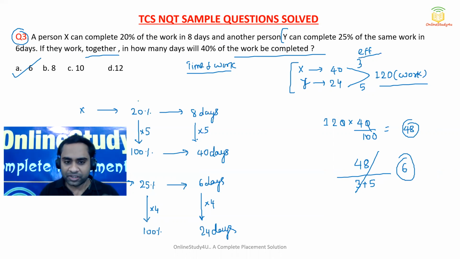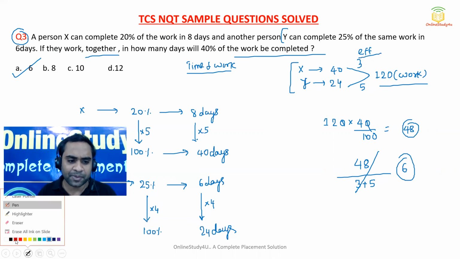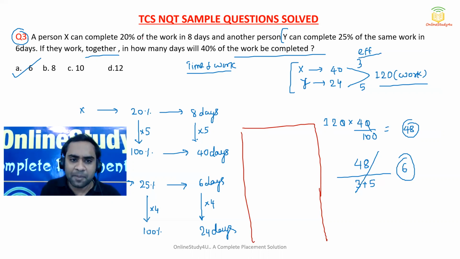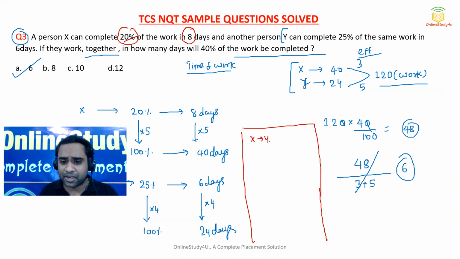And friends, if TCS or any other company asked you to solve this question in 30 seconds or 1 minute, no problem. See, 20% of the work in 8 days, so 5 times, X will be able to complete the work in 40 days. Then Y 25% in 6 days, so 100% means 4 times, Y will take 24 days.